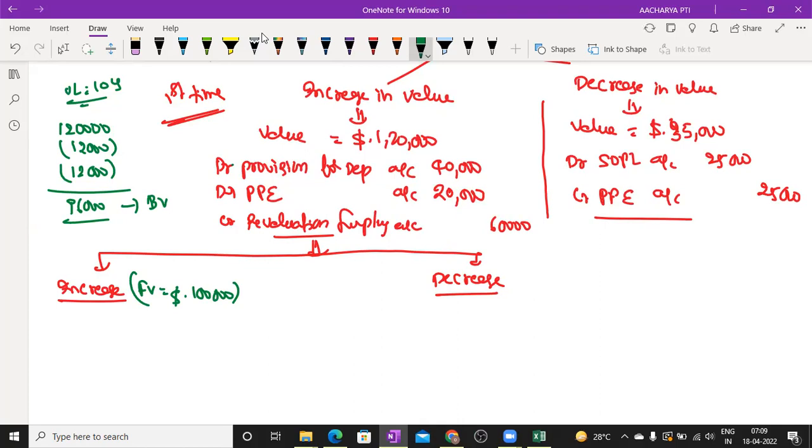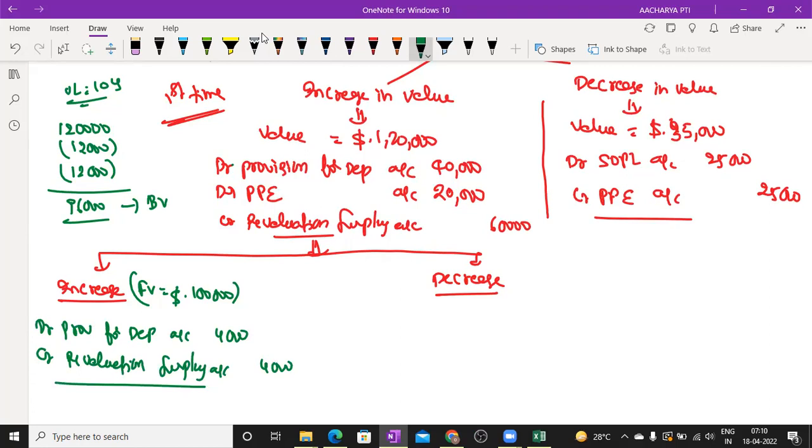That 4,000 is not sufficient to write off the total provision for depreciation, so first transfer to provision only. Then we write the entry: debit provision for depreciation account 4,000, credit revaluation surplus account 4,000.